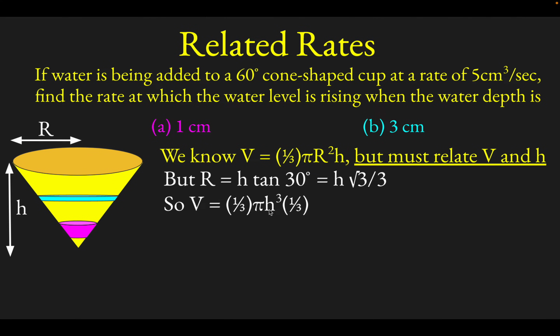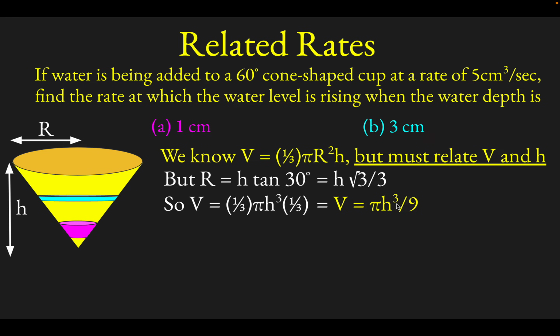You get an h cubed because this r squared would give you an h squared, but then you have another h floating around here. And then root 3 over 3, if you square it, would be 3/9, otherwise known as 1/3. So there's our volume of a cone purely in terms of the height, if it's a 60-degree base angle. If you simplify that a bit, you'll just get pi h cubed over 9. So that relates the volume and the height.